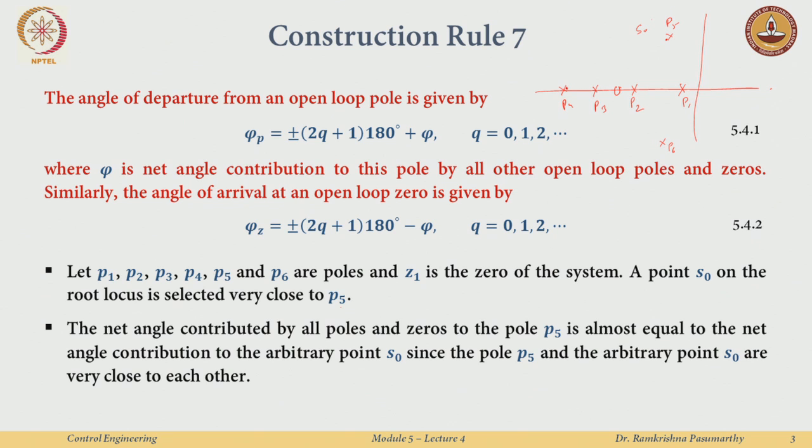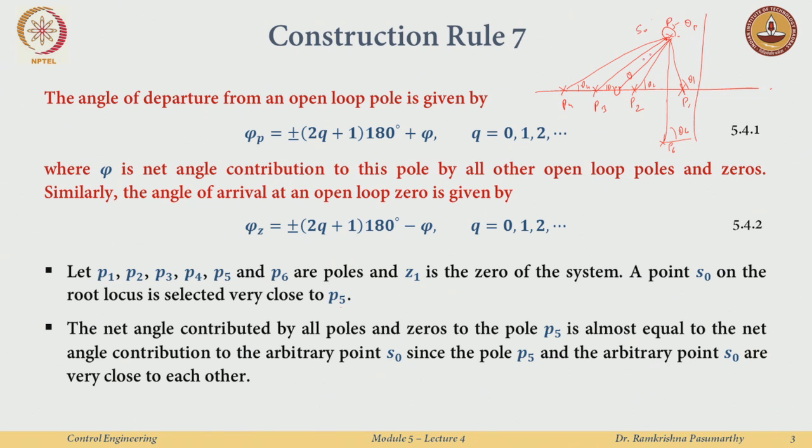So, I draw these angles: this will be theta 4, theta 3, theta 2, theta 1, and the angle here would be from joining this line, that would be some theta 6, and then the angle of the zero I will just call theta. And this pole is actually moving in this direction, so this is the angle theta p, the pole which I am interested in.